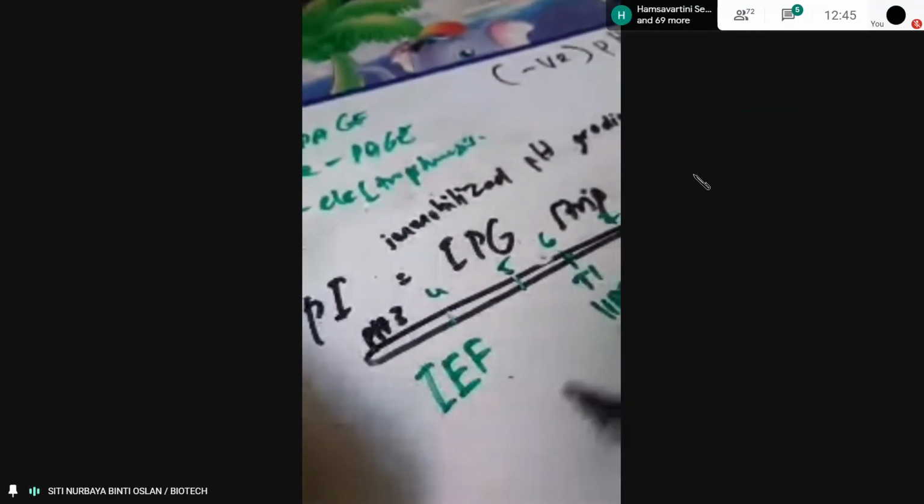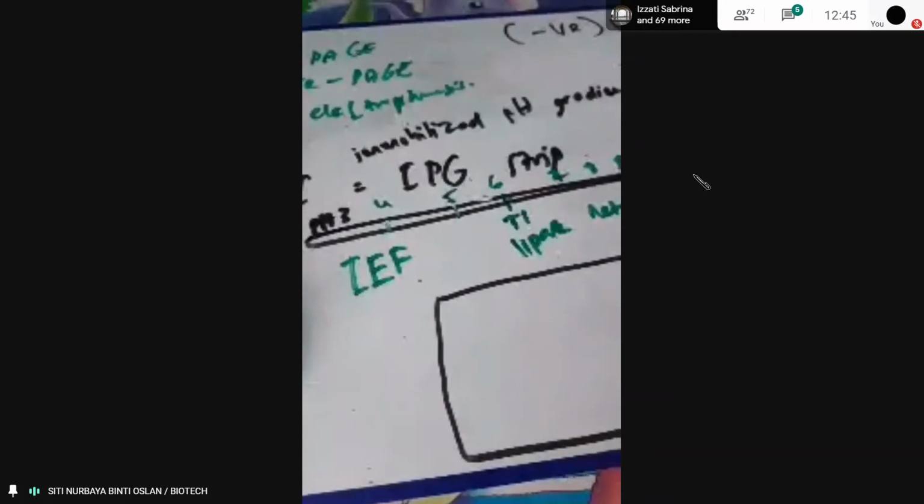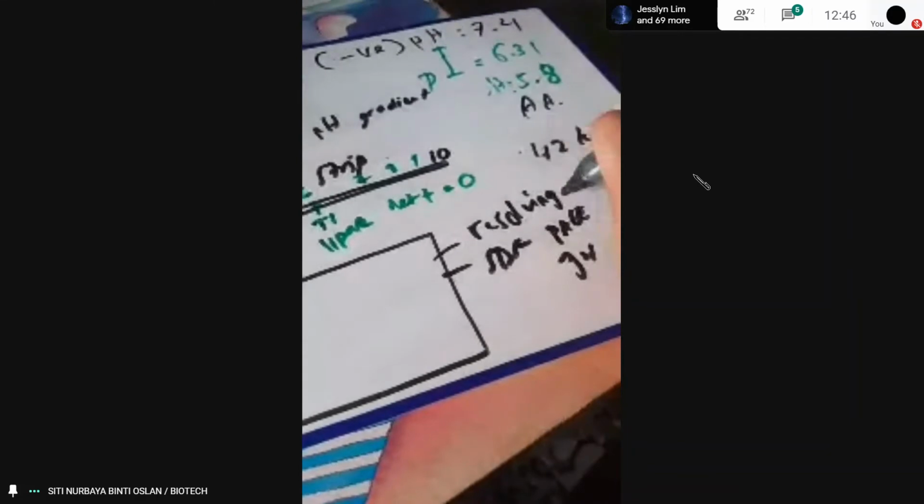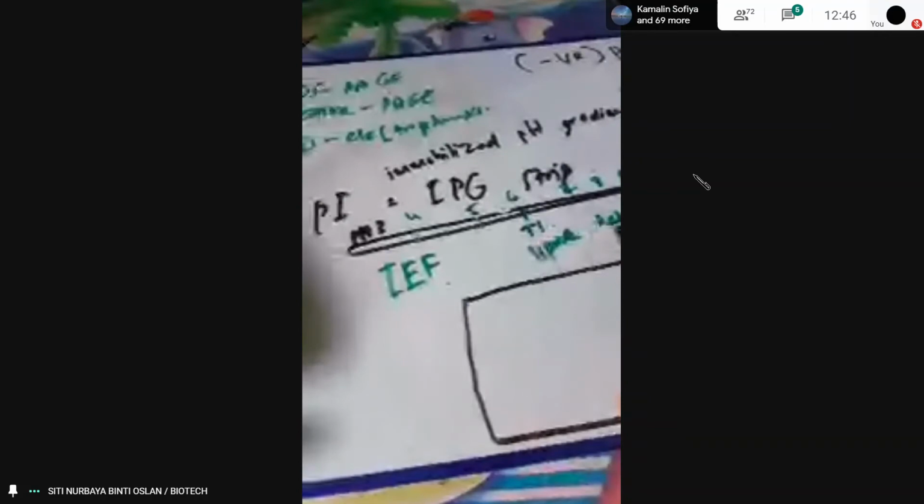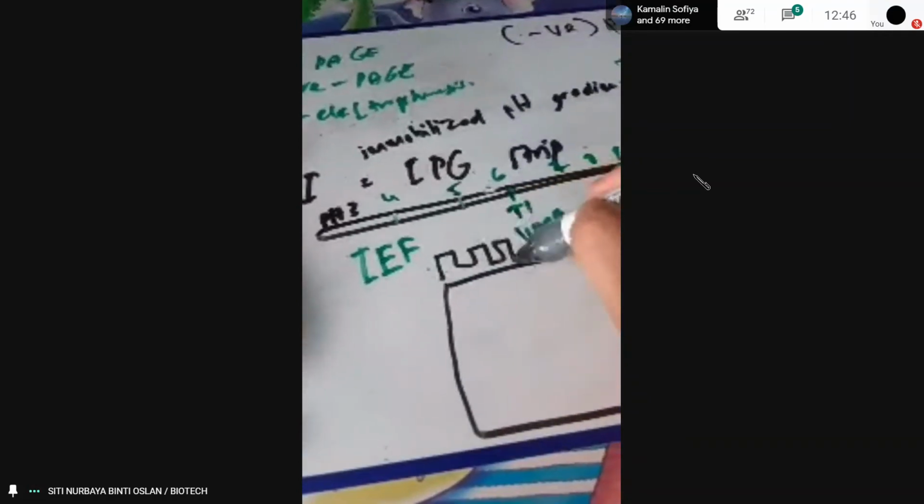So what's next? After you have done this, the IPG strip will be placed on the SDS gel. This SDS gel only has the resolving gel, not the stacking gel. If you still remember, you have the stacking gel up here, representing a comb.